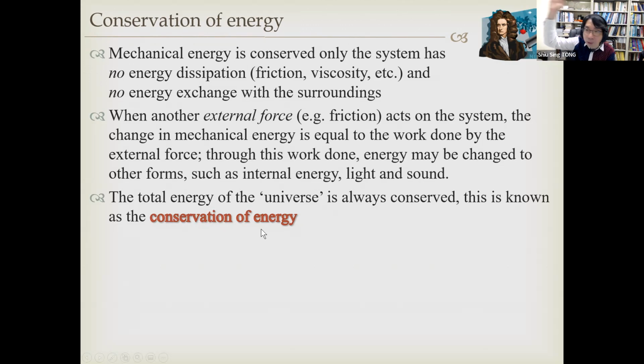You simply include all kinds of energy, and you sum up all the different kinds of energy, and you find that in a closed system, the sum of all this energy is always conserved. Okay, but for conservation of mechanical energy, you only focus on the potential energy and the kinetic energy. And the mechanical energy will be conserved only if the system is free from external force, is free from dissipative force. Okay.